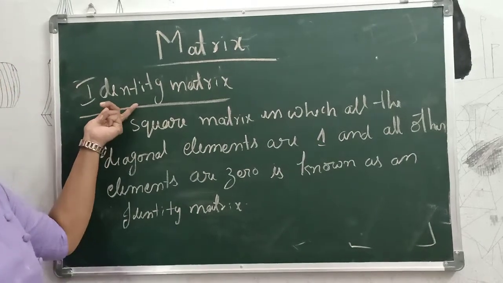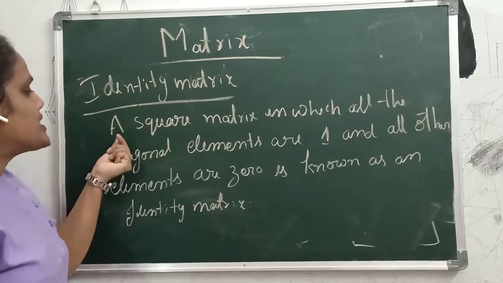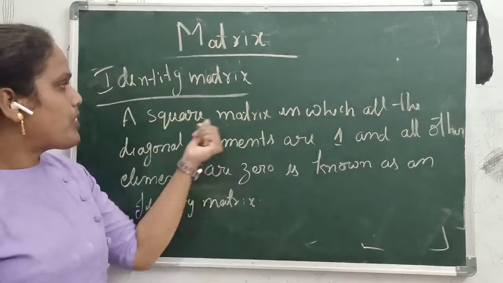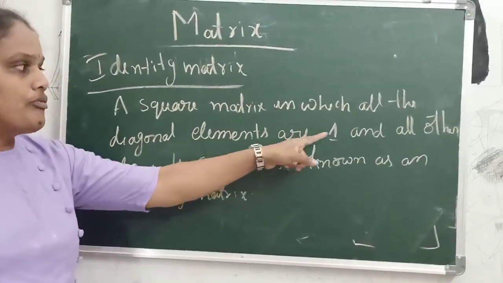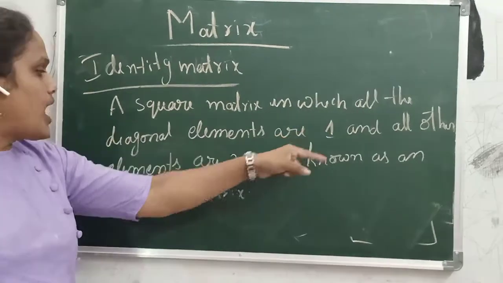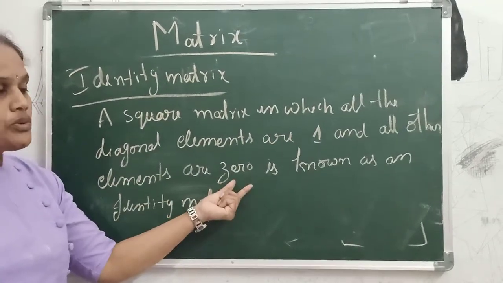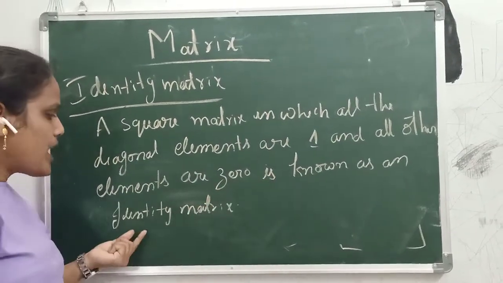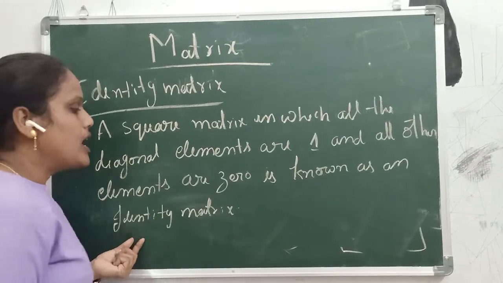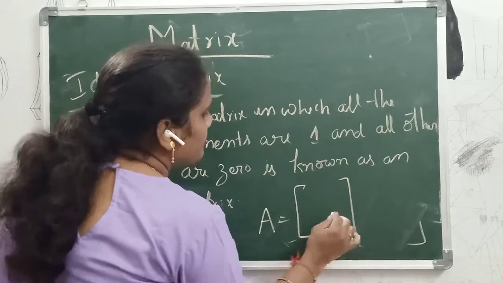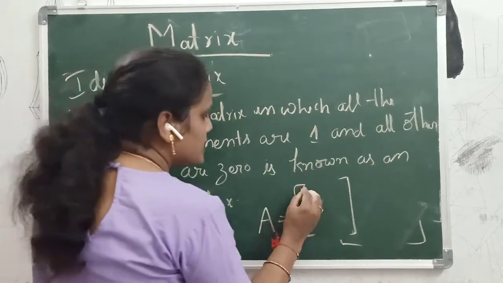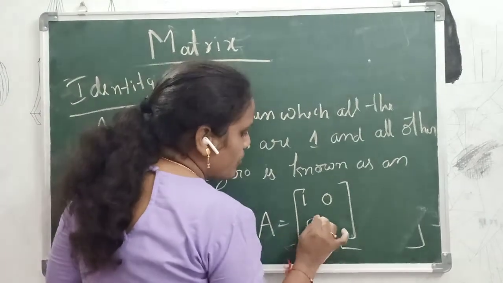Next is the identity matrix. A square matrix in which all the diagonal elements are 1 and the other elements are zeros is known as an identity matrix. What is the identity matrix? All the diagonal elements are 1. For a 2 by 2 matrix, 1, 0, 0, 1.